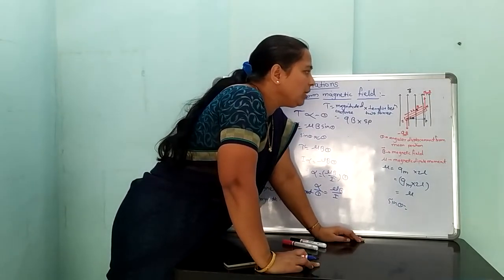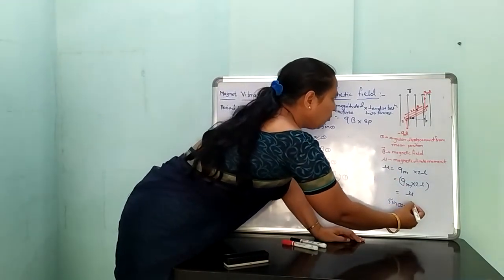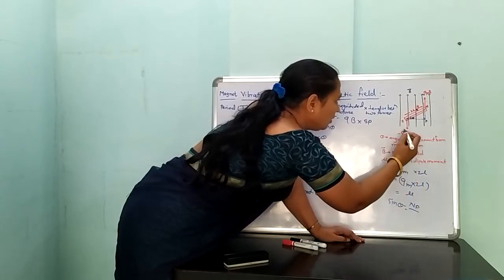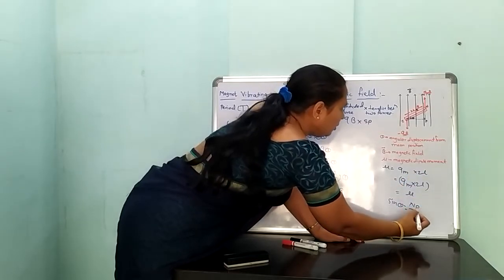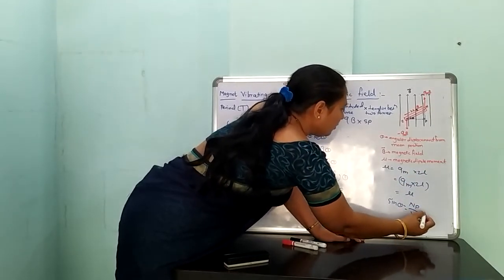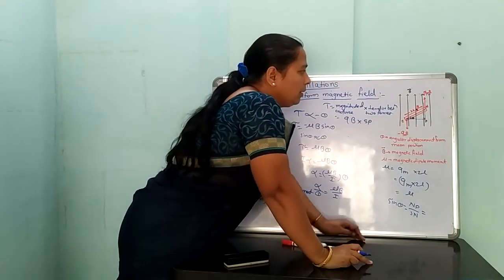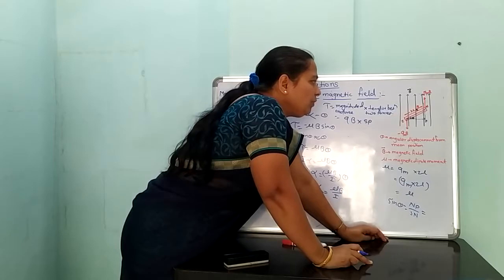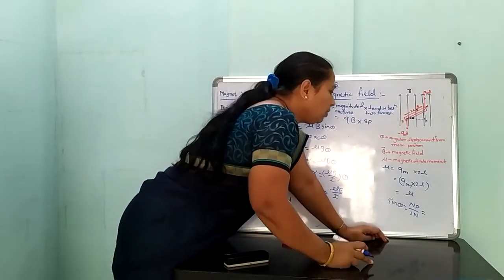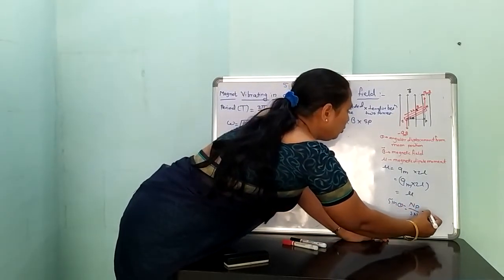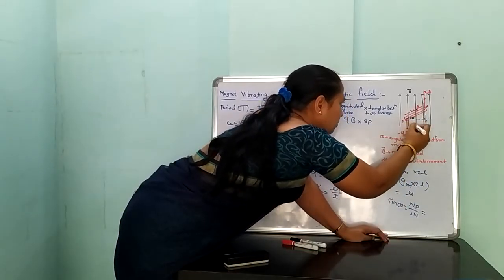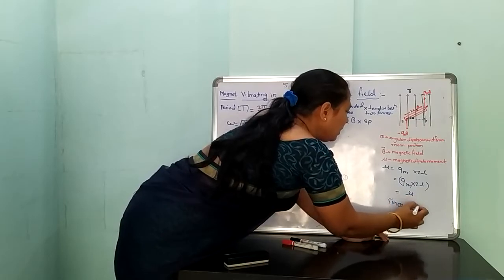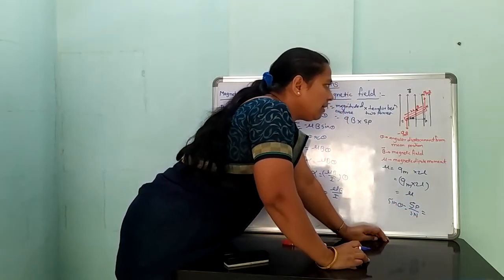The opposite side is SP, the perpendicular distance between the two forces, upon SN.